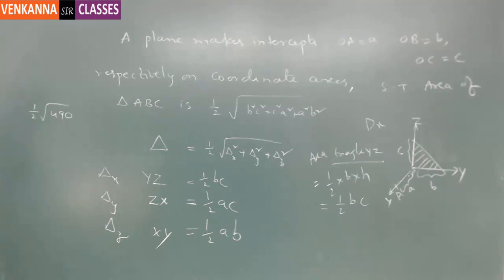If you are clear with this one, I want to take a similar kind of model. So please take a note of the solution, then I will discuss that. The next model.